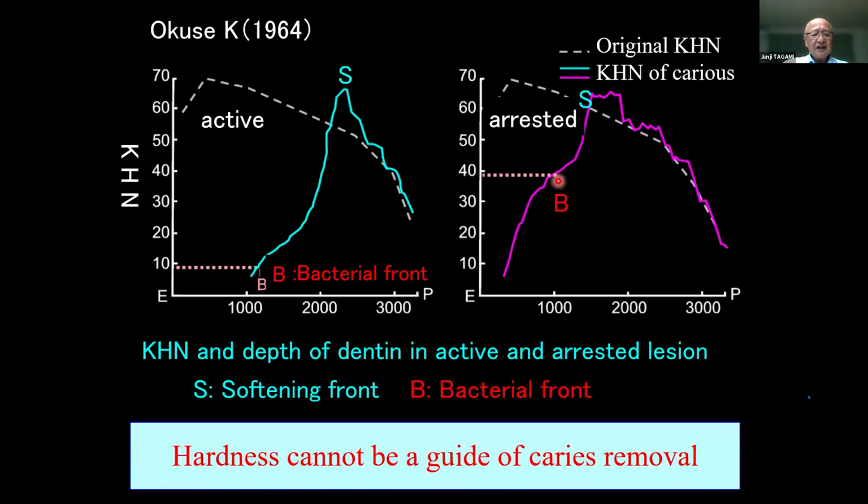From this kind of information, we can say that the hardness number of the caries region may not be a good guide for the caries removal, if we try to remove the region with bacterial invasion.